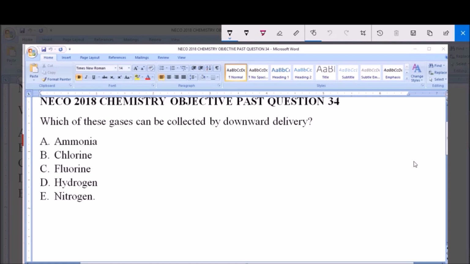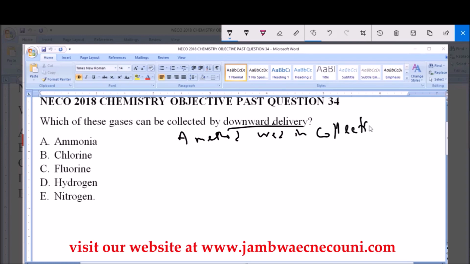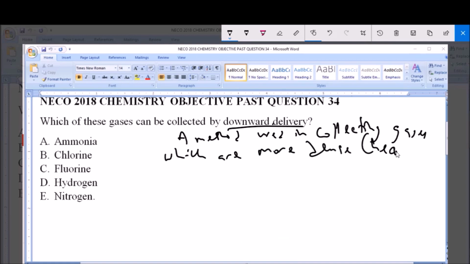So what in the first place is downward delivery? Downward delivery is a method used in collecting gases which are more dense or heavier than air after they have been prepared.